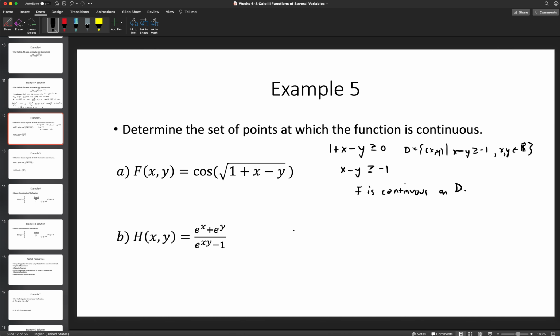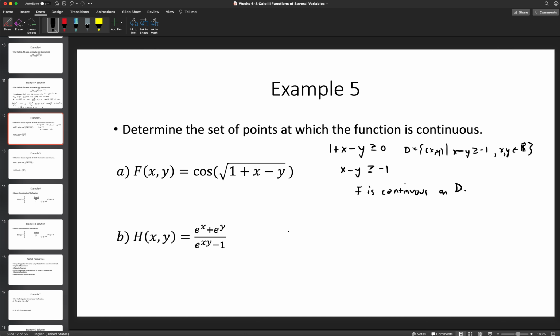For h, it's a slightly different story. If we let x be 0 or we let y be 0, we get e to the 0 in the denominator. e to the 0 minus 1 is 1 minus 1, which is 0.